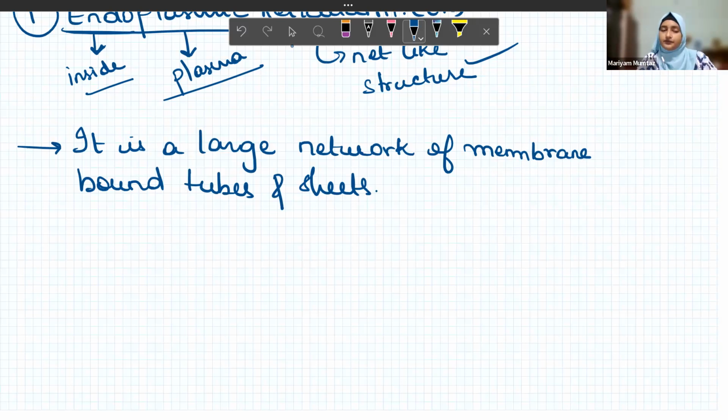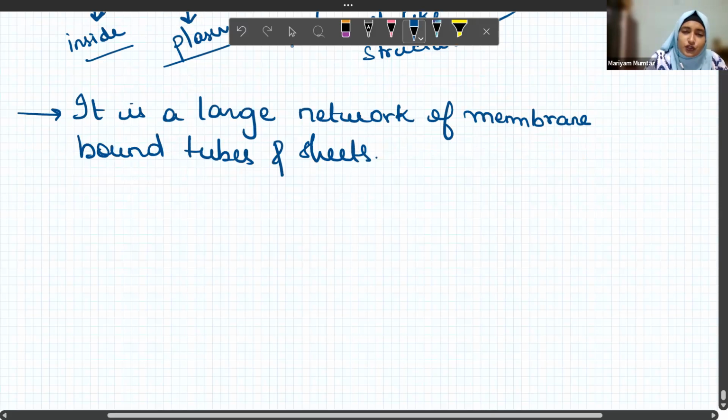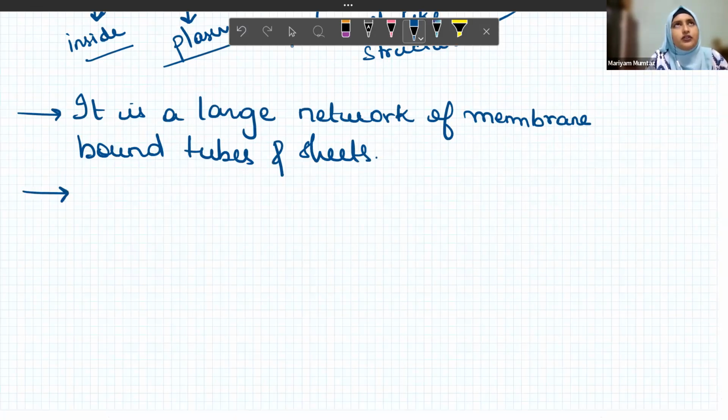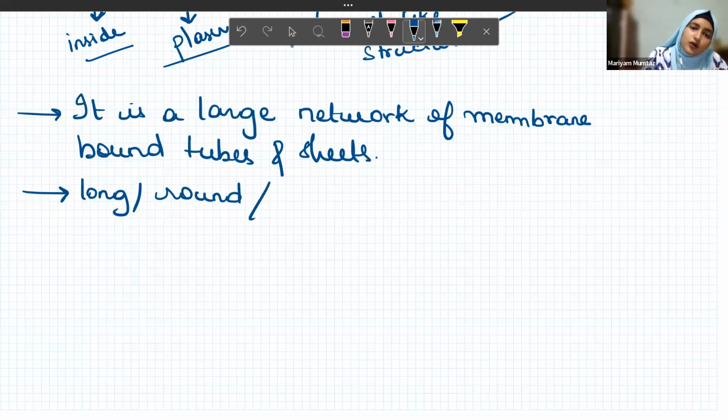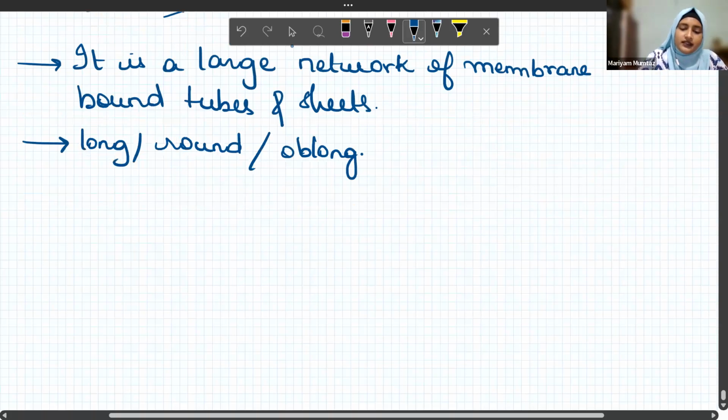Yes, ma'am. Okay. Now, sometimes these tubes or sheets have different shapes also, or they may look different to us. So sometimes they are long, sometimes they are round, and sometimes they are oblong. So these are all the shapes that you might observe these tubes or sheets in. Clear? Yes.